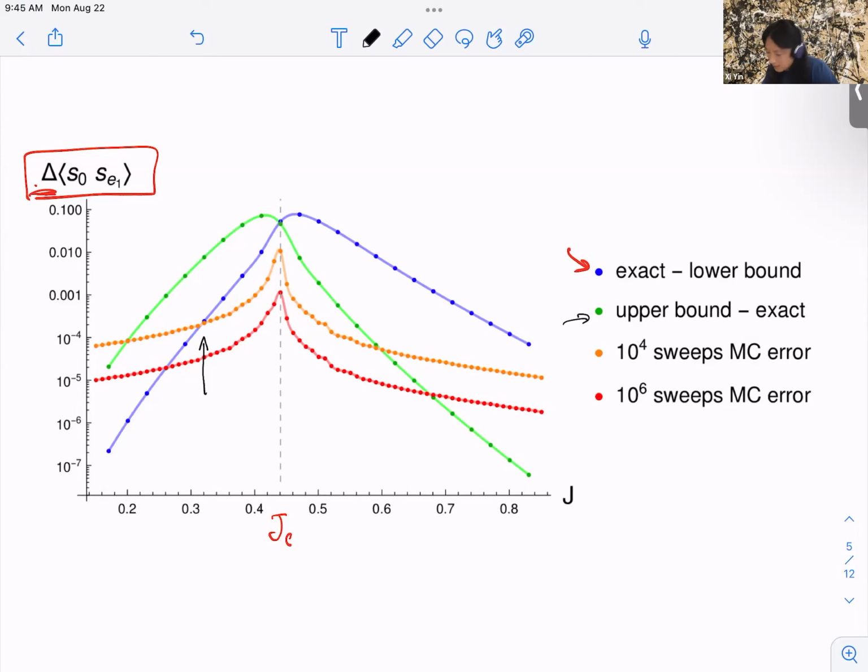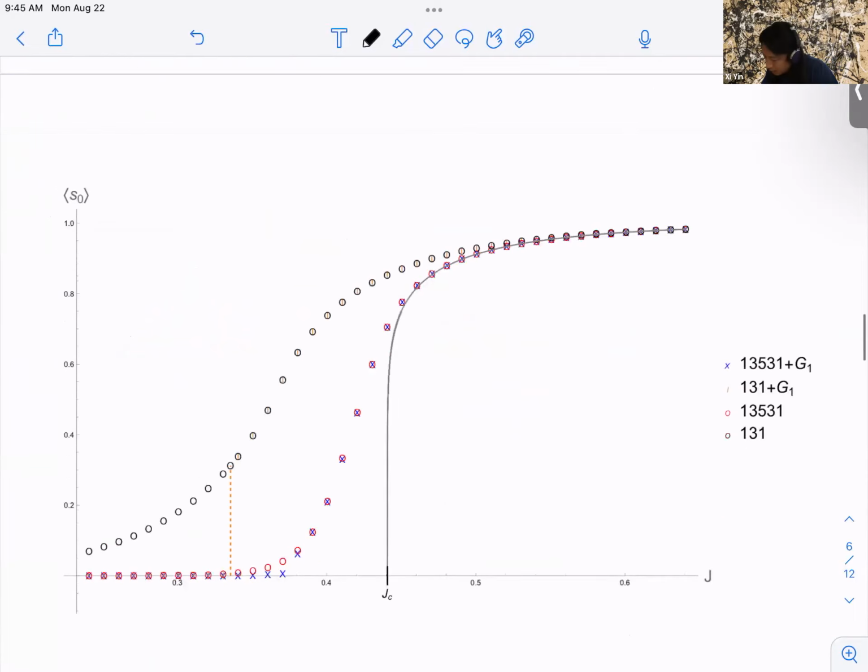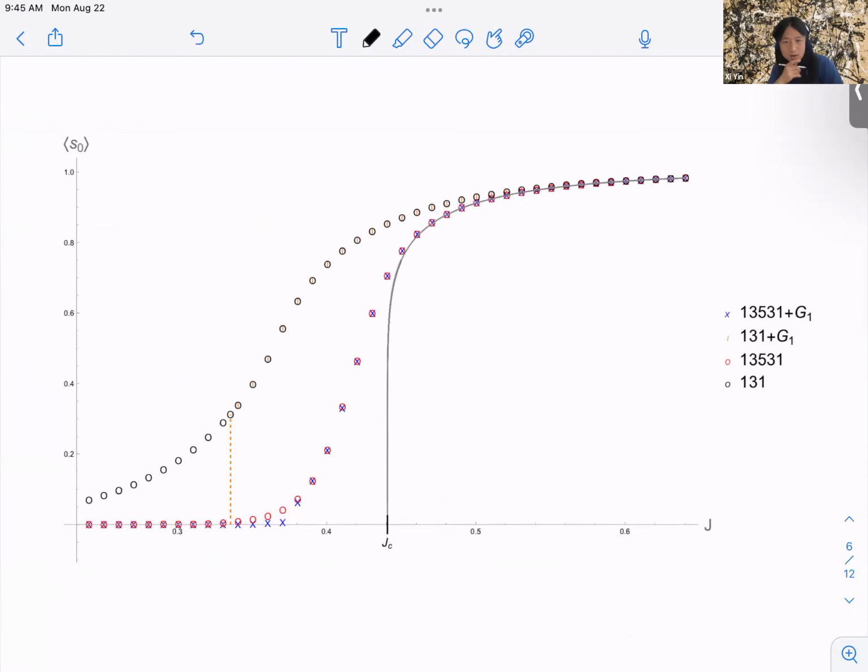Okay, so this is the most basic example. Let me show you some other things you can explore. For example, you can look at the single spin expectation value. This is just going to be the upper bound. This is, again, in a situation with the magnetic field set to 0. So this is a probe of spontaneous magnetization, right?